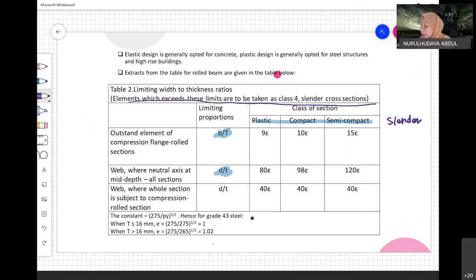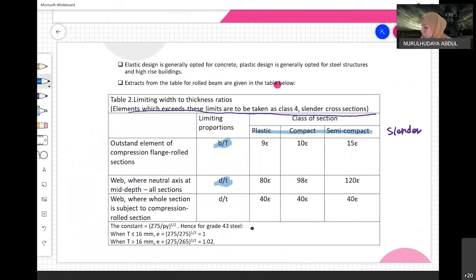Okay, so our B over T is 5.52 and D over T is 34.3. We see it is less than 9 times the constant, because the constant is 1.